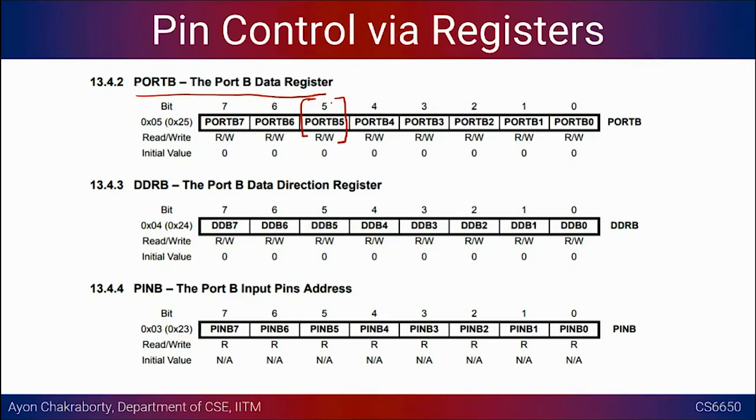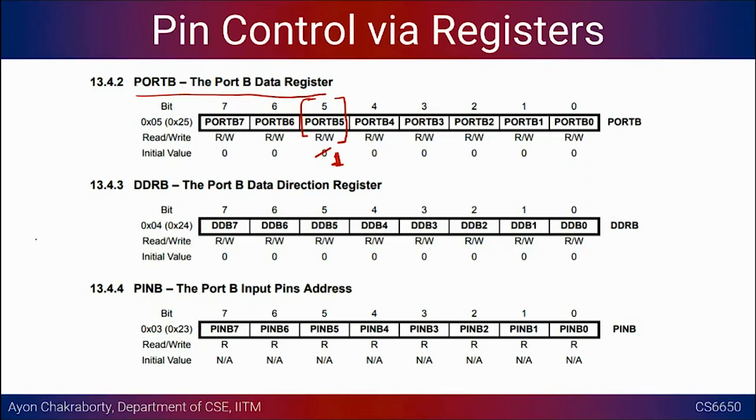If we write 1 here, this is going to turn on the corresponding pin. Before doing that, we also mentioned that it has to be configured as an output pin.